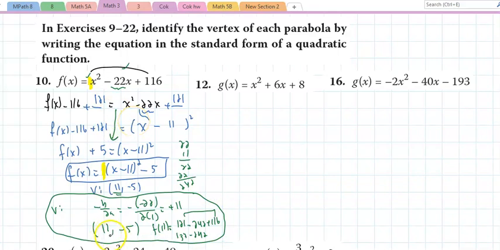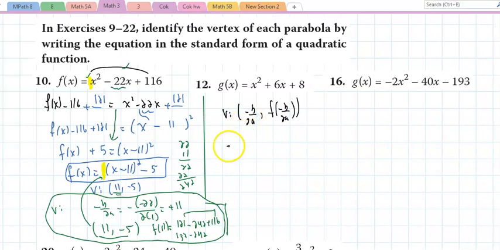And once I know what that vertex is, I should be able to go back and put it in that form. So I'm going to try that on the next problem. So on this problem right here, I know the vertex is negative b over 2a, and evaluating the function at that. I don't like that 2a.